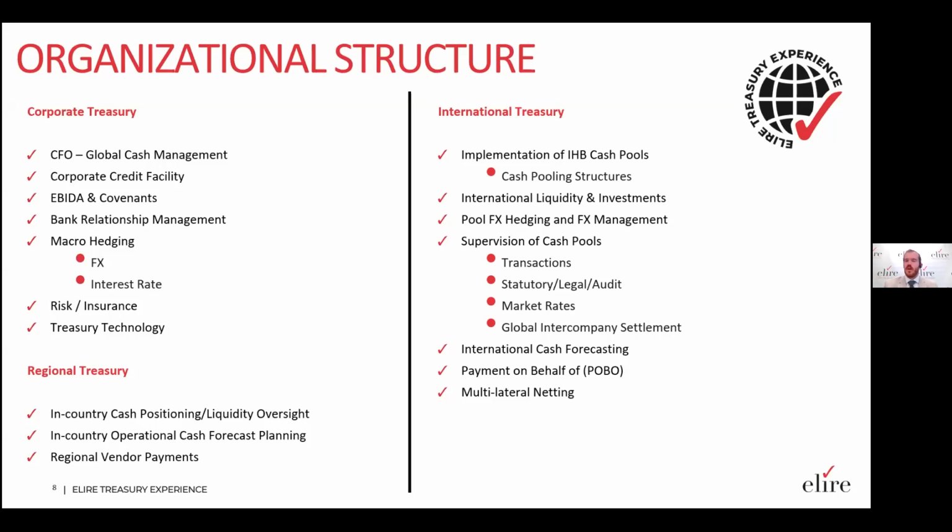Those three constituencies are, first, the corporate treasury, which consists of anything from the CFO, treasury technology, macro level hedging for any interest rates and FX derivatives, and general bank relationship management, making sure that we are keeping strict levels of debt covenants or other contractually agreed to obligations well managed and well understood.